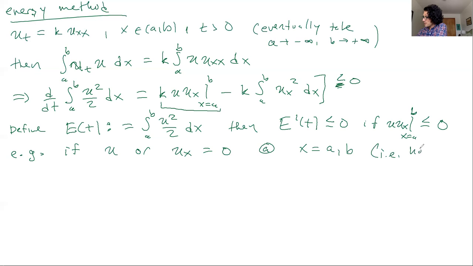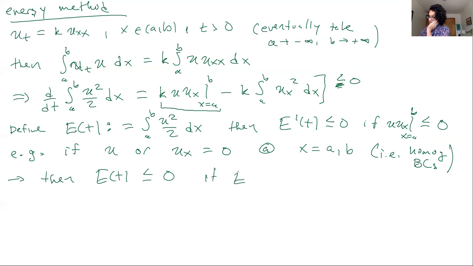So, for example, this will work for homogeneous boundary conditions, right? So then in that case, E prime of t is less than or equal to 0, right? Because in the case that E of 0 is equivalent to 0, okay?